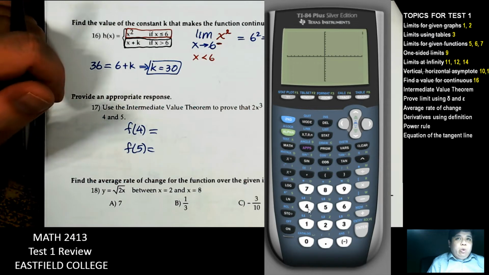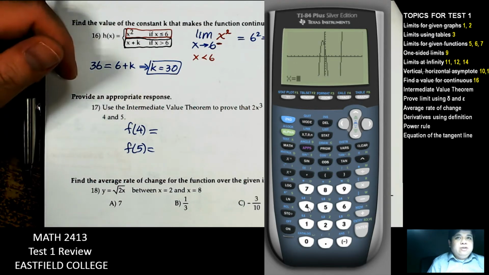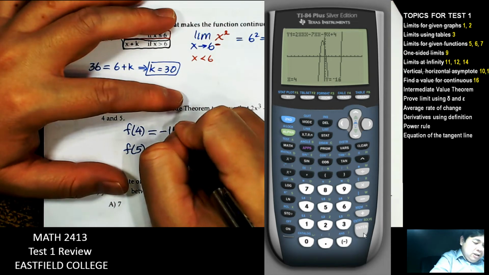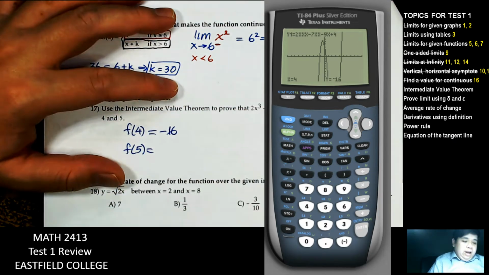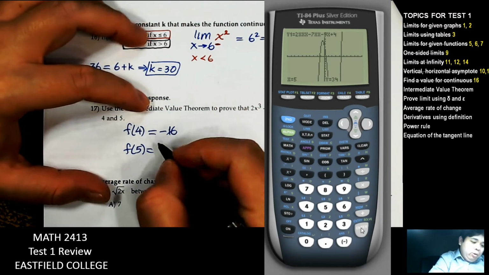When x equals 4, we have negative 16. And we put 5 in it, and we have 34.